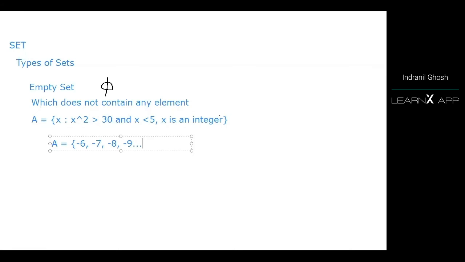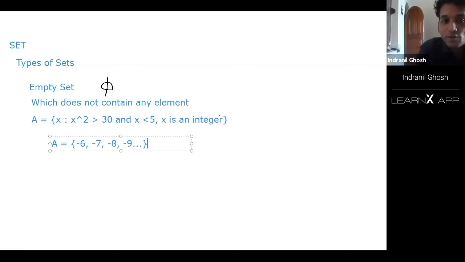In that case, the square of x will again become greater than 30, and x is an integer less than 5.